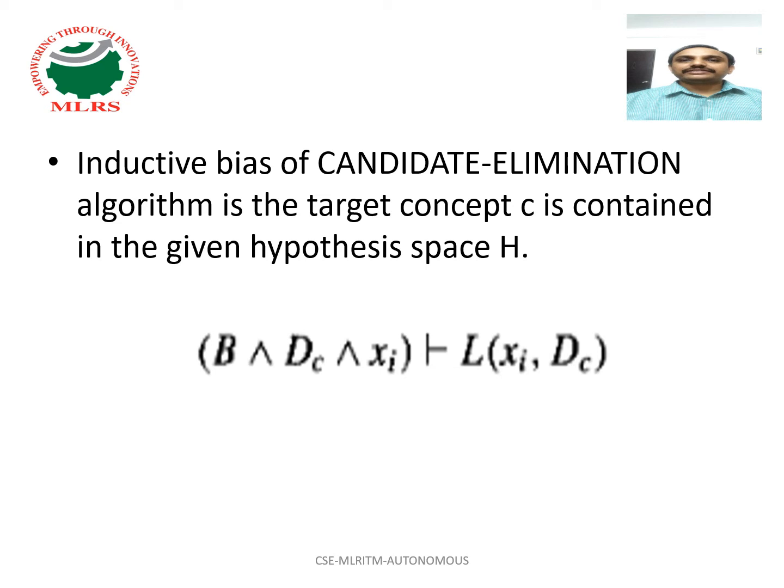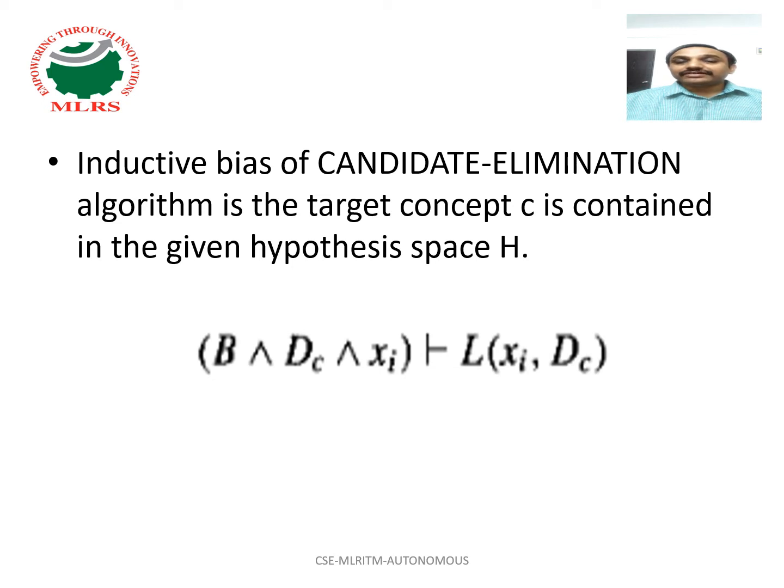The inductive bias of candidate elimination algorithm is: the target concept C is contained in the given hypothesis space H. So that is the inductive bias for candidate elimination algorithm, represented as B. So B conjunction DC conjunction xi. By combining these three, you are going to get L of xi comma DC.